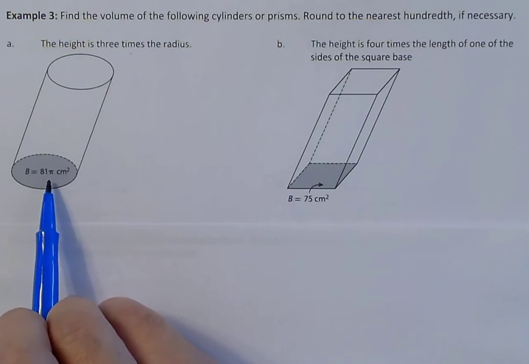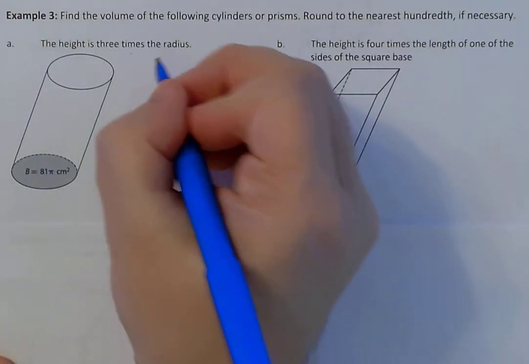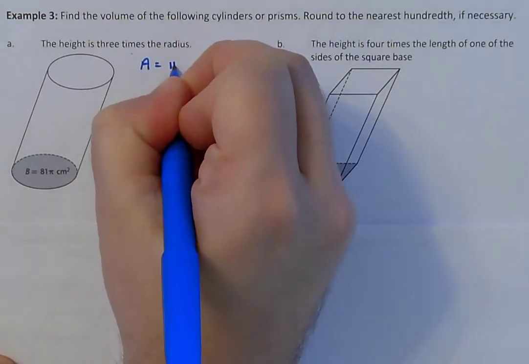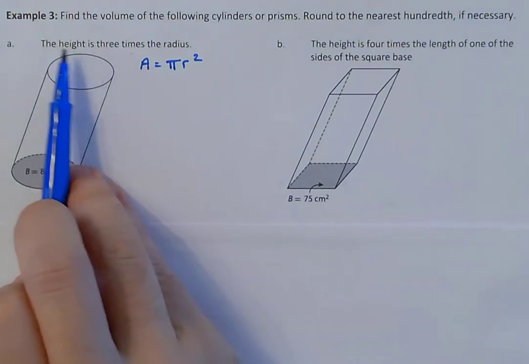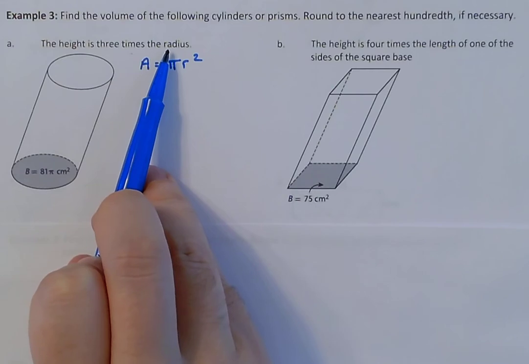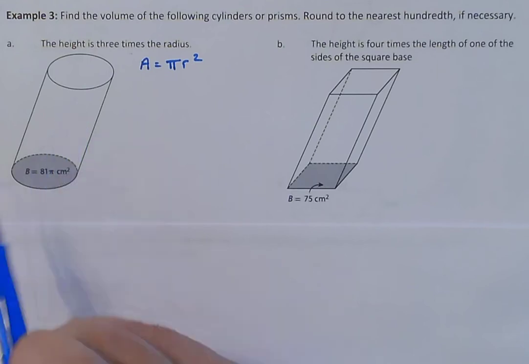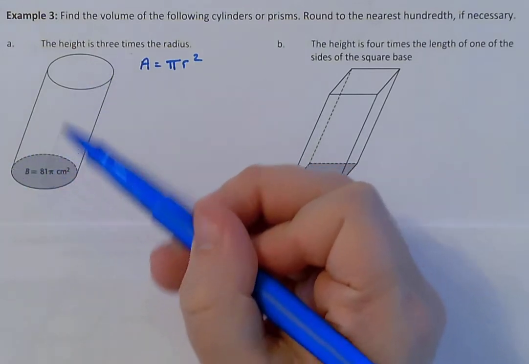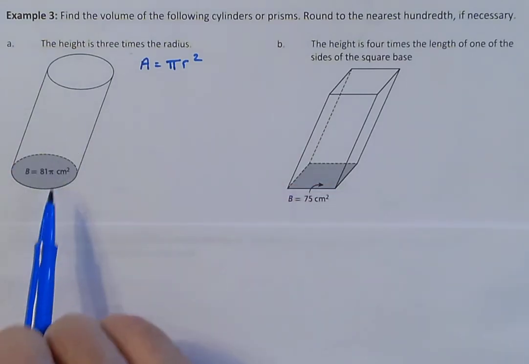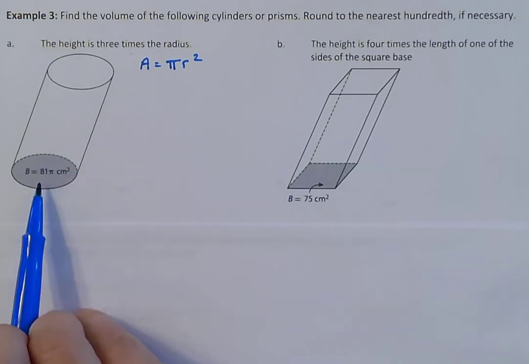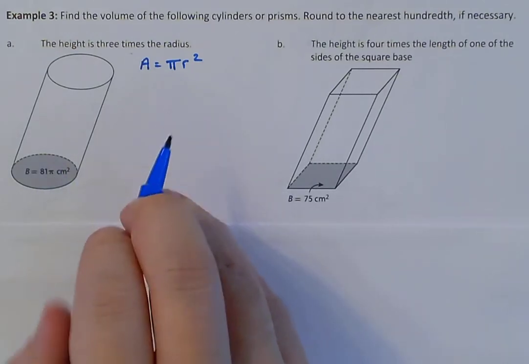The area of a circle is pi r squared. So we need to figure out what the radius is, multiply that by 3 to get the height of the cylinder, and then we can multiply the height with this 81 pi. To figure out the radius, we take the area of the base, 81 pi, and set it equal to pi r squared.